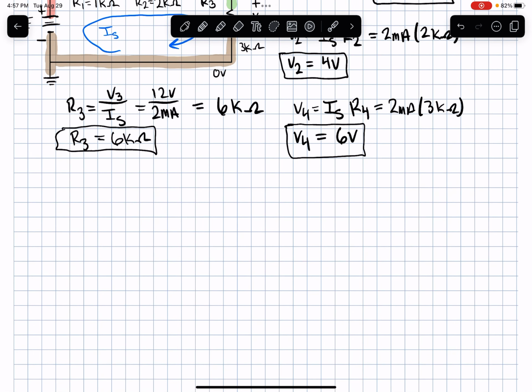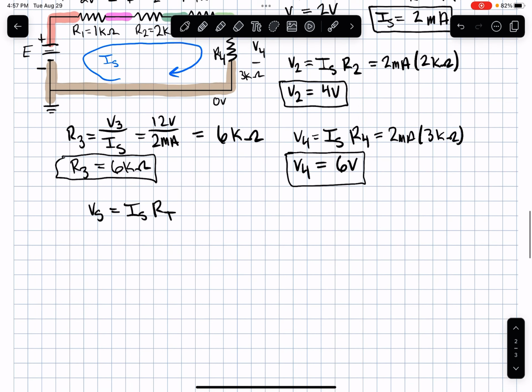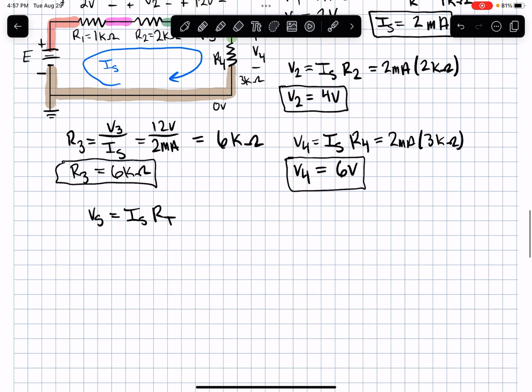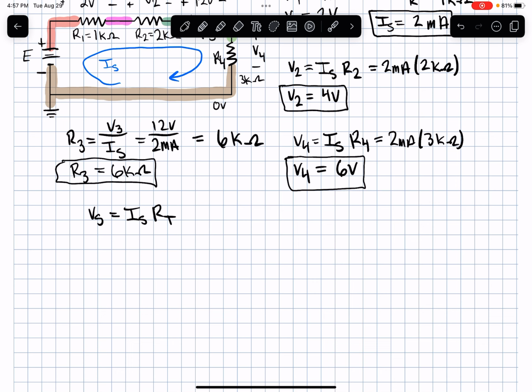V source is going to be I sub S, which is current source, times the total resistance. Or you can also do Kirchhoff's voltage law, where they all sum up to equal 0. But we'll just do it this way real quick.